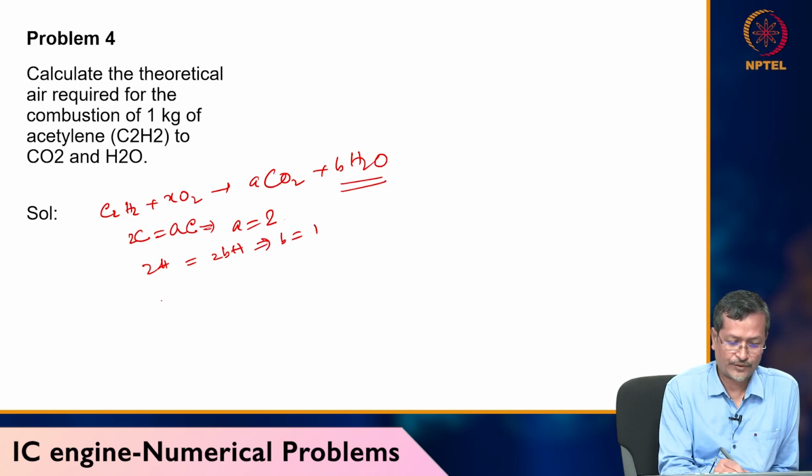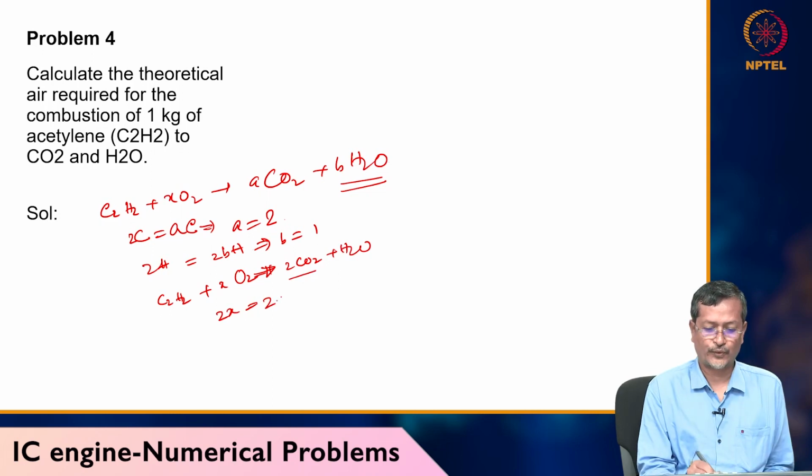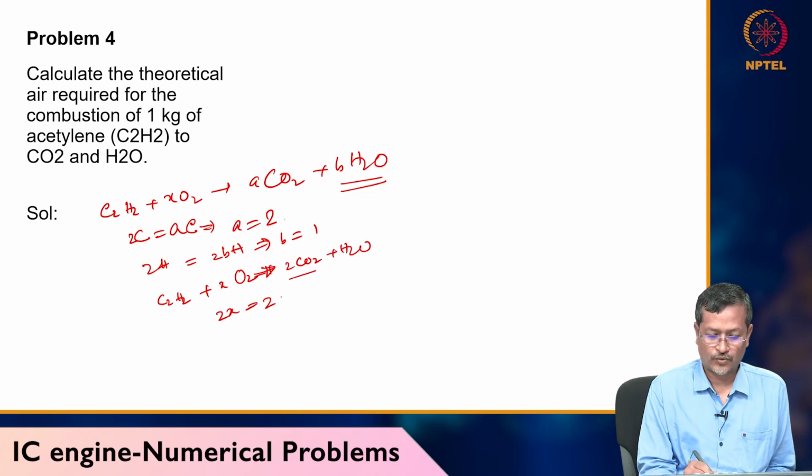So now the equation is C2H2 plus x O2 equals 2 CO2 plus H2O. Now the O2 calculation: how many O2s are there? 2x equals 2 times 2 from the CO2 plus 1 O from the H2O.